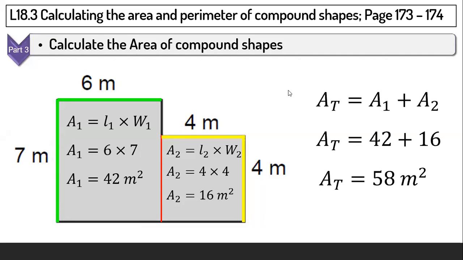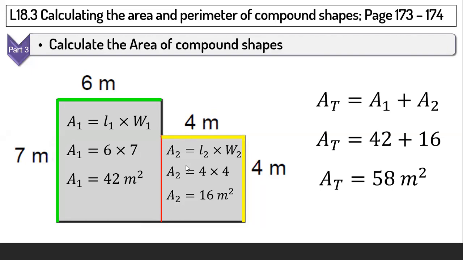Length times width, this is for a rectangle. But the shape that you have in front of you, is it a rectangle? No. So you're going to cut into two rectangles. How did I cut into two rectangles? By drawing this line, the red one, in the middle. So you need to figure out the area for the first rectangle and the area for the second rectangle.